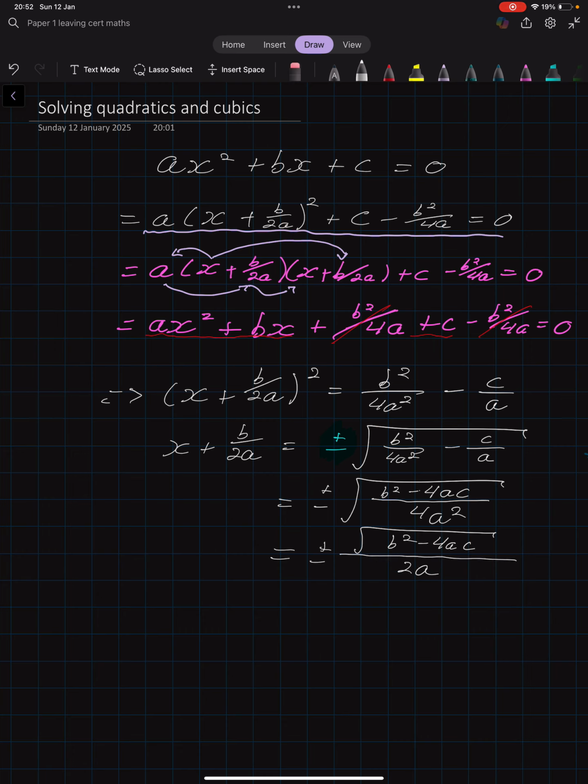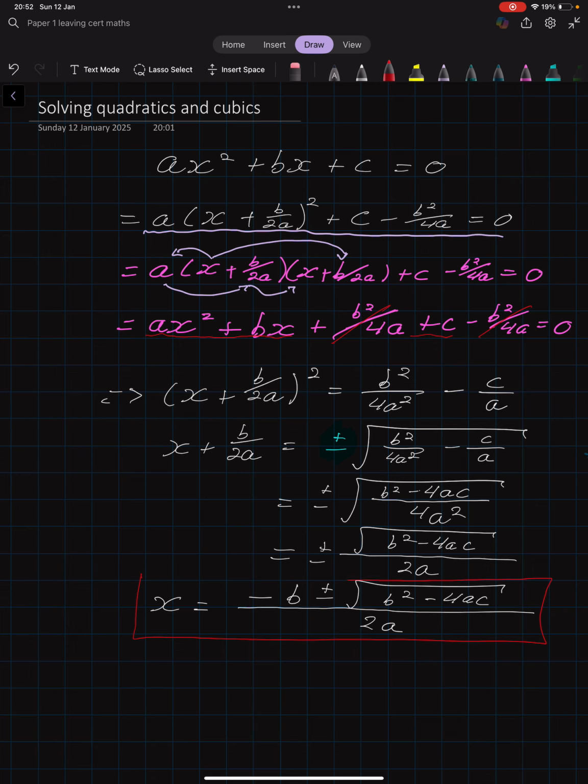And then that means that x is equal to minus b plus or minus the square root of b squared minus 4ac all over 2a. And so this is the minus b formula. This is how you solve quadratics.